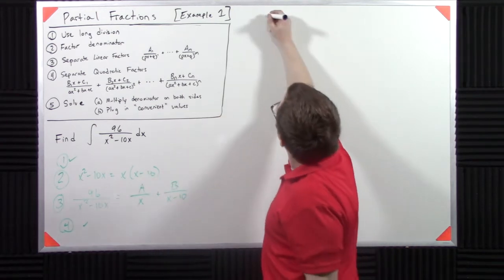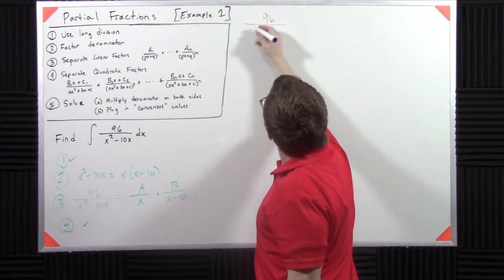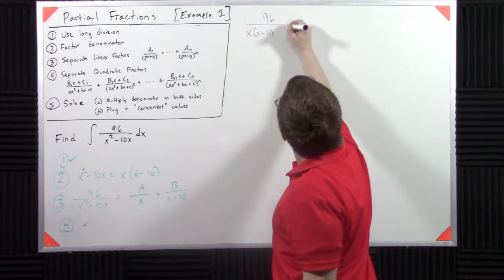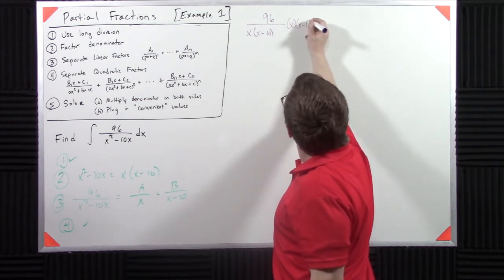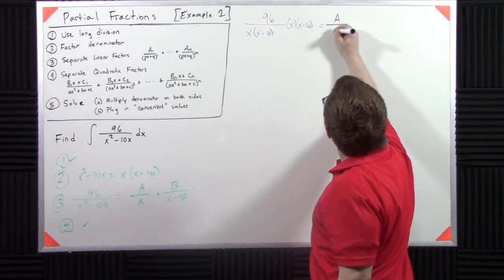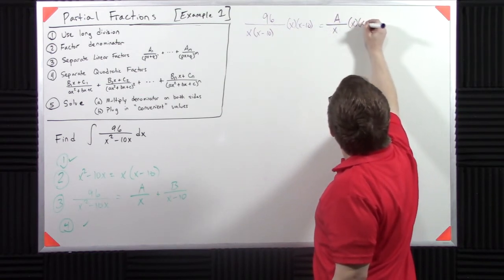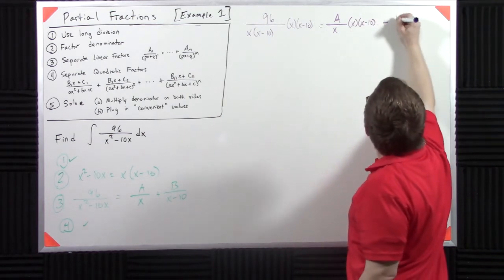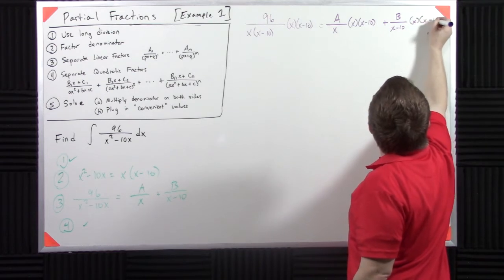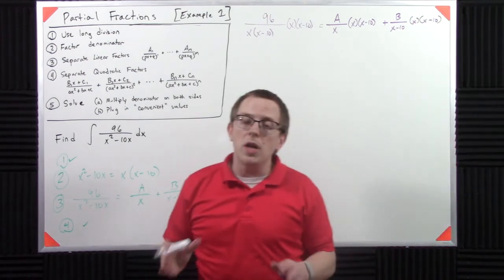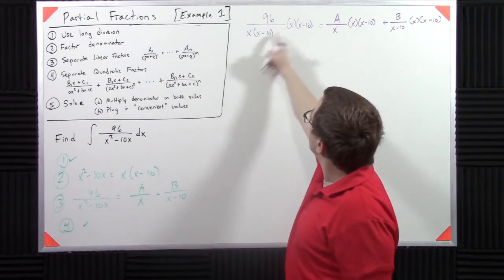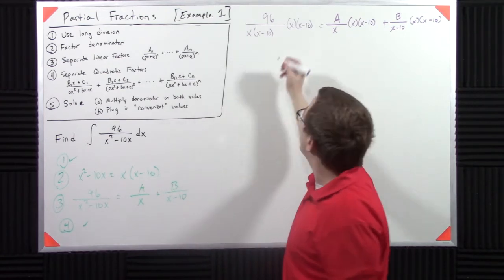Multiplying both sides by x times x minus 10 is going to eliminate all of the denominator on the left.